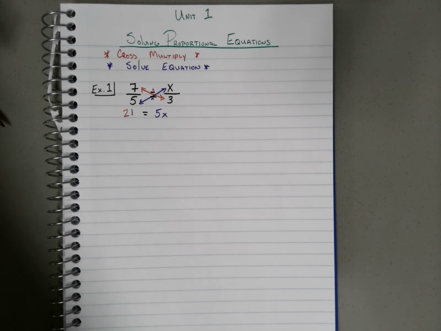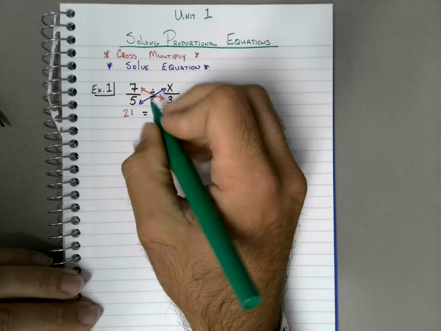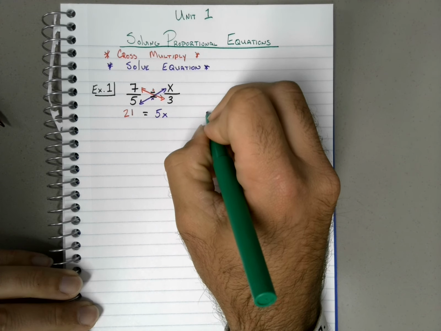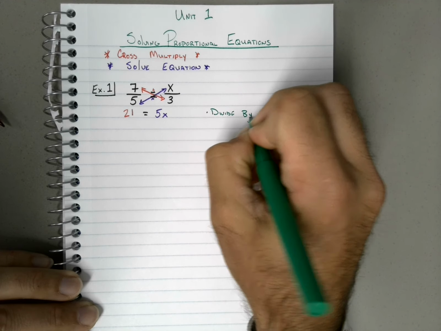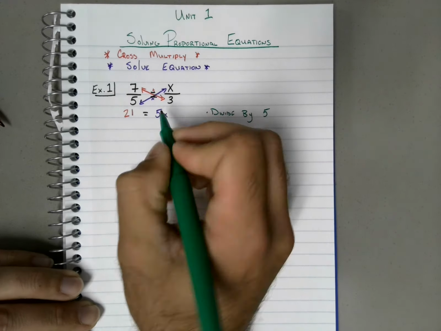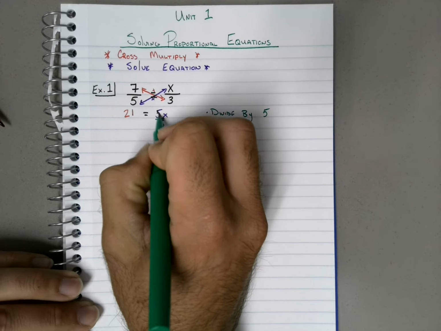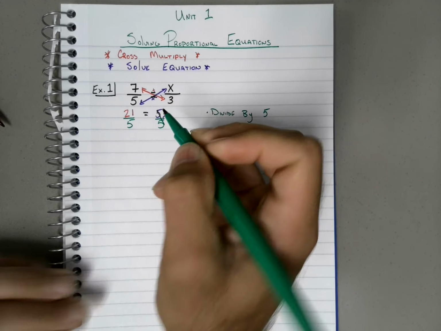Then what we're going to do next is divide by 5. That's the opposite of multiplication. Divide one side by 5, which is to say what you do to one side, you do to the other.